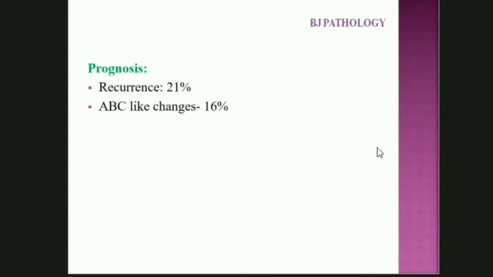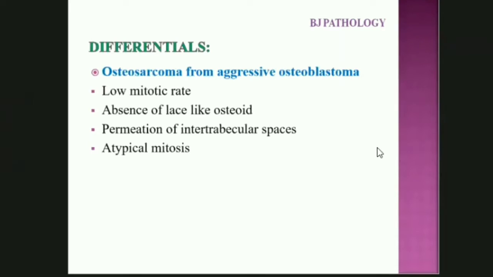The differential for aggressive osteoblastoma, as I have already mentioned, is osteosarcoma. You arrive at a diagnosis based on the malignant osteoid. If you see the malignant osteoid, you label it as osteosarcoma. Otherwise, it is aggressive osteoblastoma.